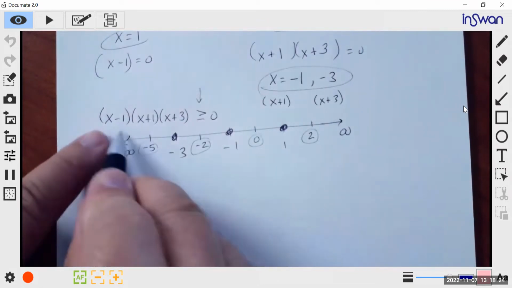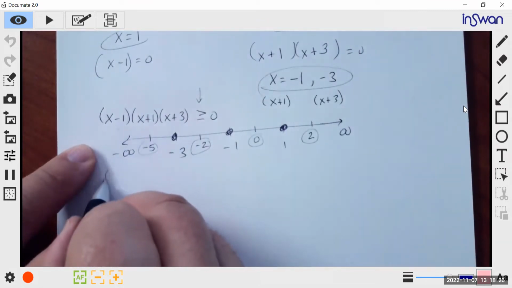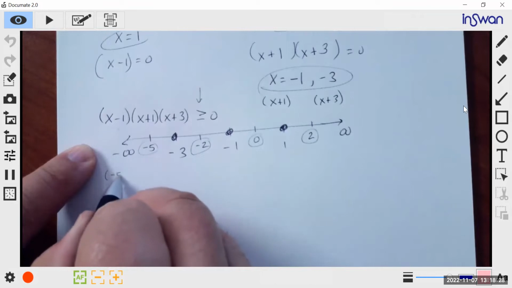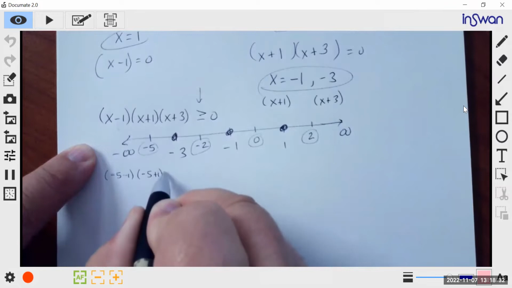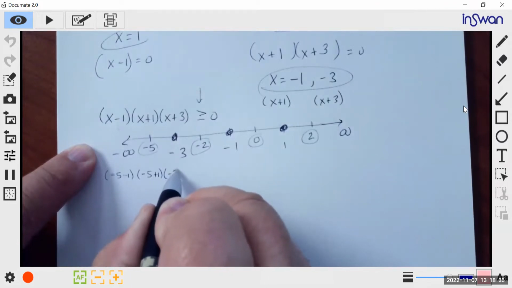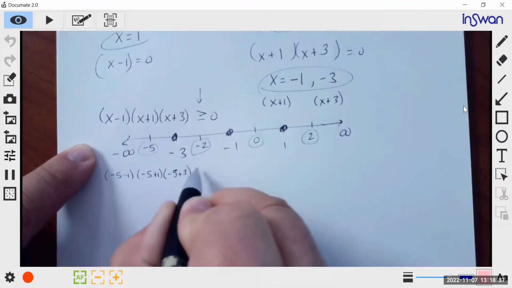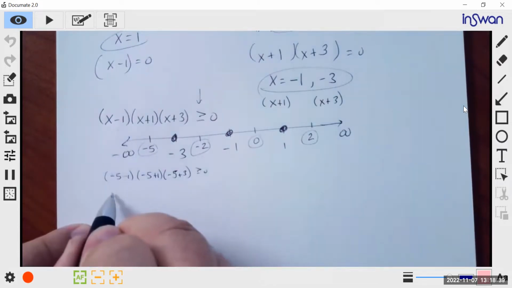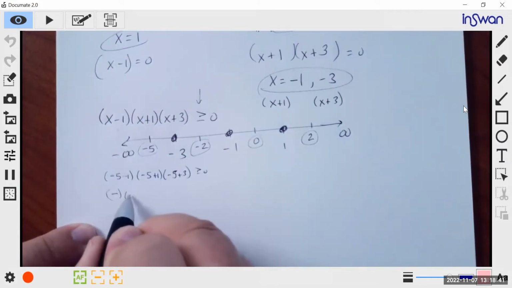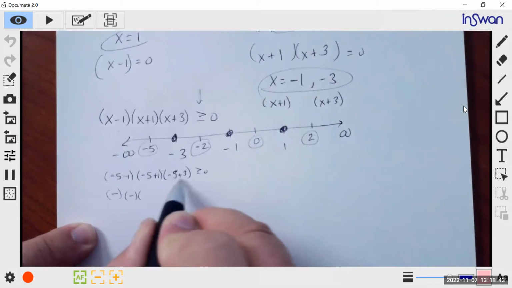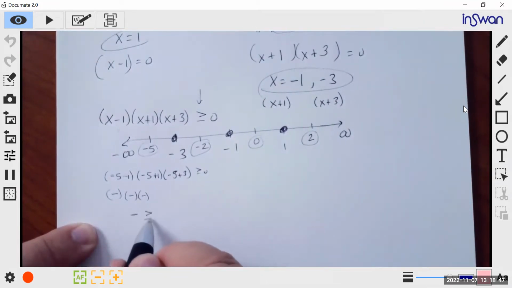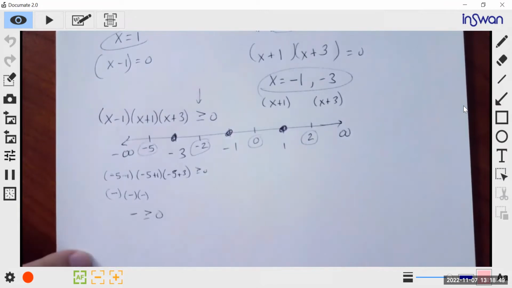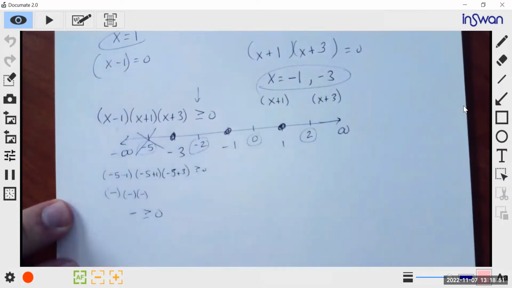So put -5 in here. So I have -5 minus 1, -5 plus 1, -5 plus 3. So that's a negative, that's a negative, that's a negative. So negative times negative times negative is a negative. Is a negative answer greater than 0? No, so that's not going to work.